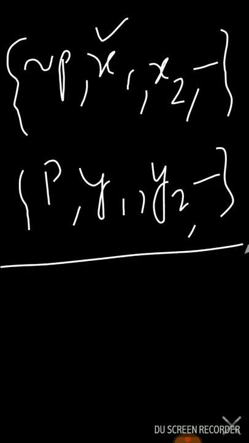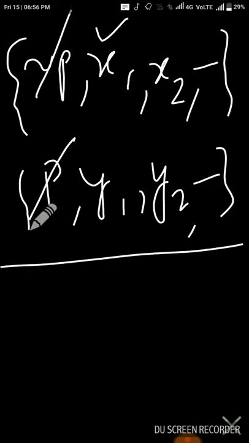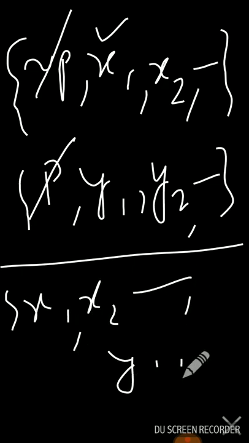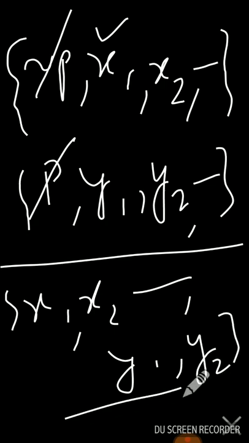Now if we combine them, then these two will be cancelled off, and we are left with x1, x2, and so on, comma, y1, y2. So this is the remaining set. This is what we have in case of resolution.